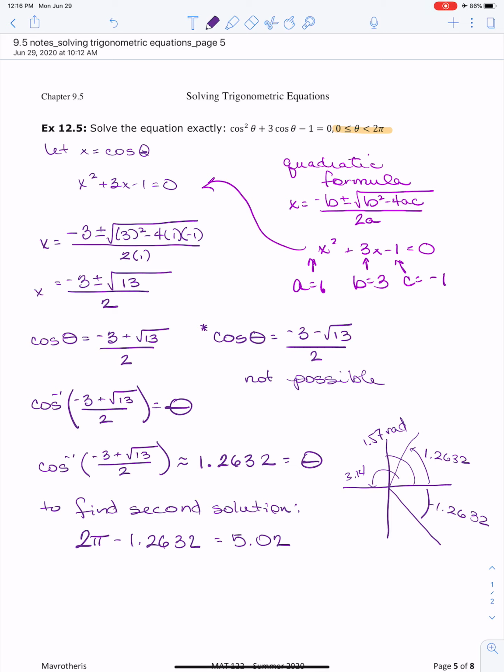Okay. And since I want my solutions just on this interval, my thetas are 1.2632, 5.02. Both of those are between 0 and 2 pi. And so we're done.